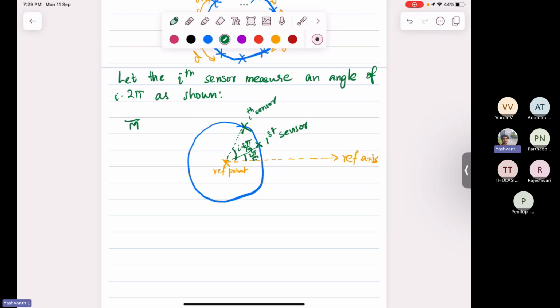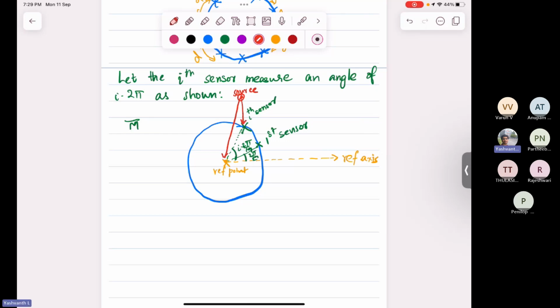If I consider a source here, the signal will reach the reference point here, but it will reach this ith sensor here.